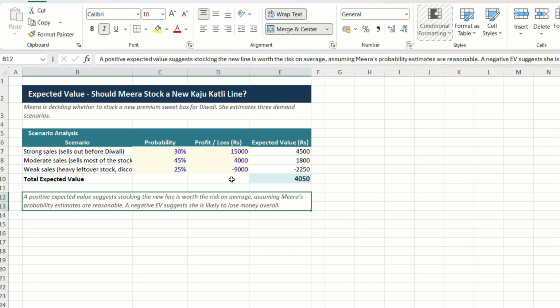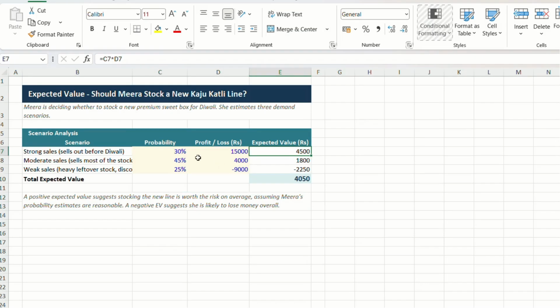And then we get the expected value when we multiply probability into profit, and we have expected values of 4500, 1800 and negative 2250. The total expected value is 4050.